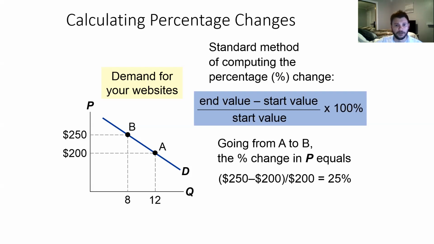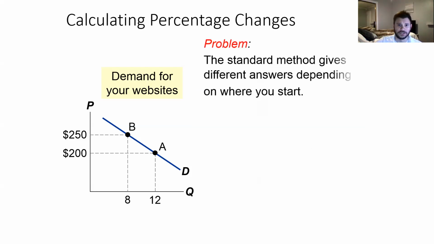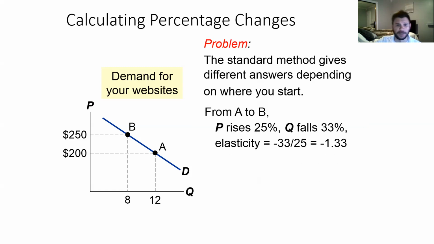But the problem that we're going to see here is if we were to move in the other direction, from B to A, then the reference value, the start value, would change. Just to see that here, if we use the standard method, the elasticity can change depending on what your starting point is. We just saw from A to B, P goes up by 25%, Q falls by 33%. So the elasticity would be negative 1.33 when we move from A to B.